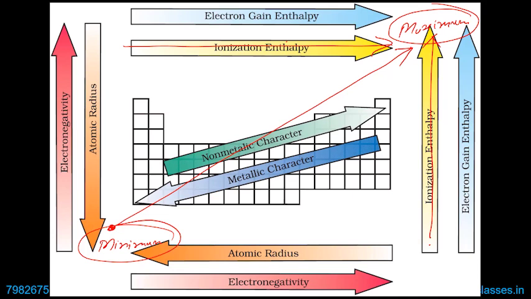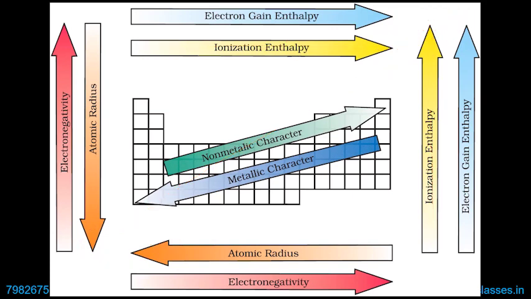That's why that will be an exception. Moreover, in many cases the exception will be due to the very small size of second period elements, exceptionally small, meaning smaller than the theoretical value. So exceptions are there. Otherwise, we are actually using this chart for comparative study.